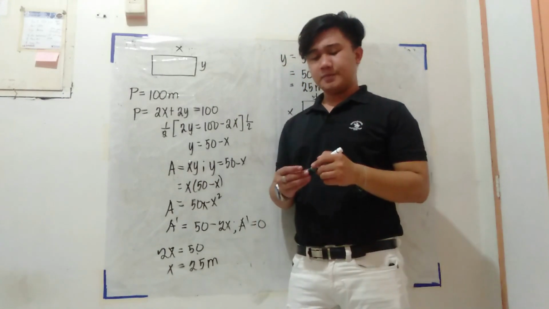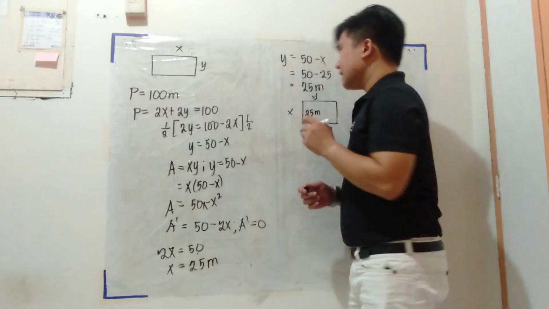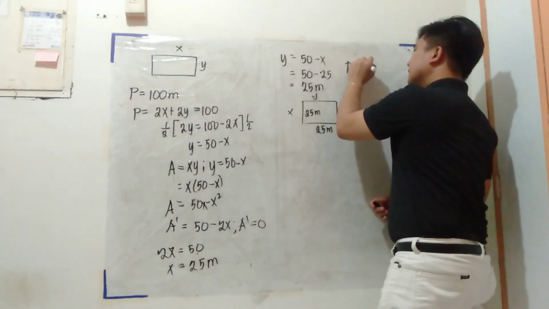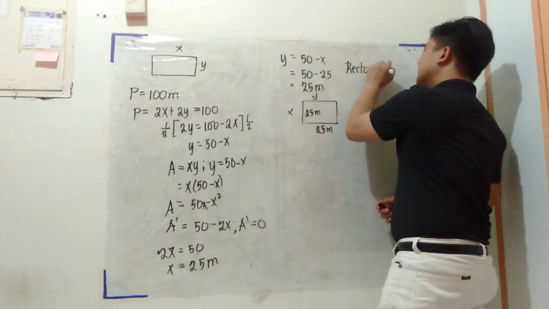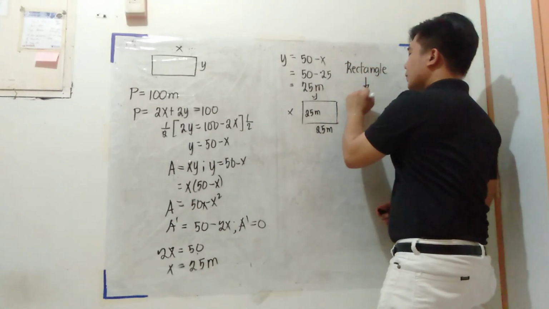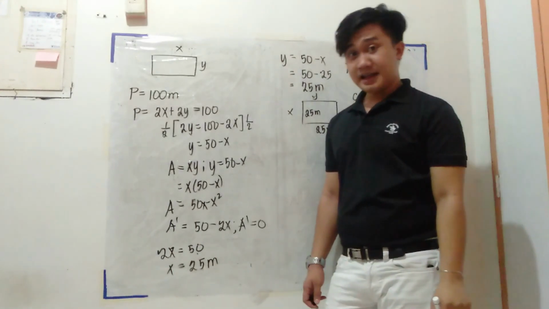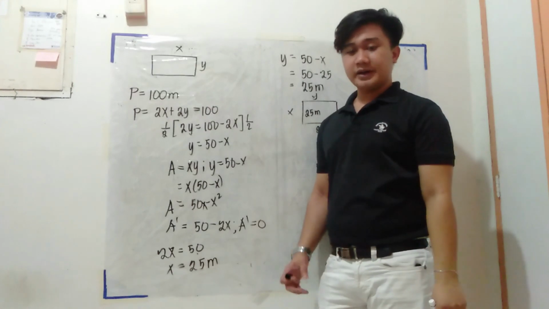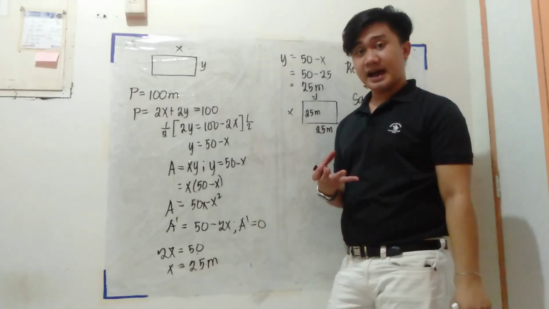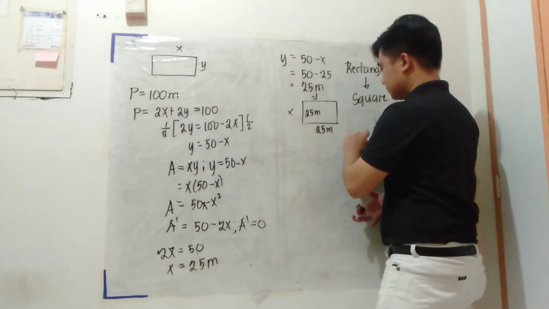Or basically, anong shape yan? Square. Okay po. Tatandaan nyo guys, ito ha. Pag ang rectangle ay ima-maximize natin ang area, magiging square po yan. Okay? Tatandaan nyo. And then pag tinanong kayo, anong shape yung may maximum area? Circle po.